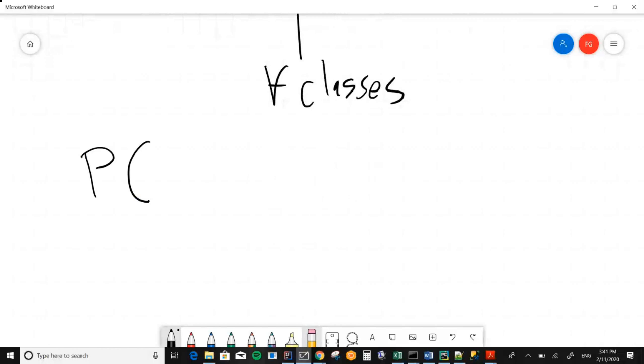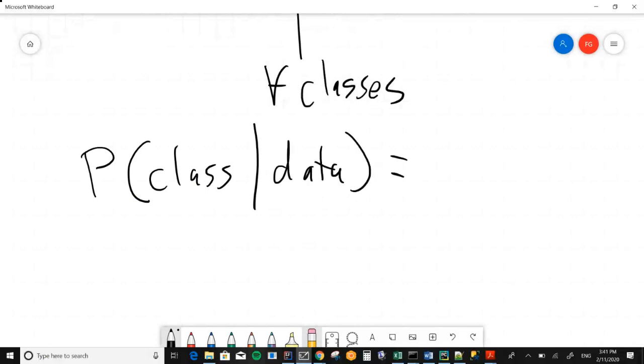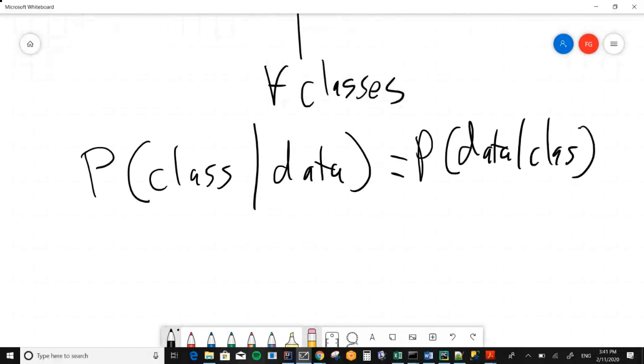So the probability of some classification for some data input is equal to the probability. So you're given the data. This is what's called a conditional probability. The bar says to the right is what's called the prior.